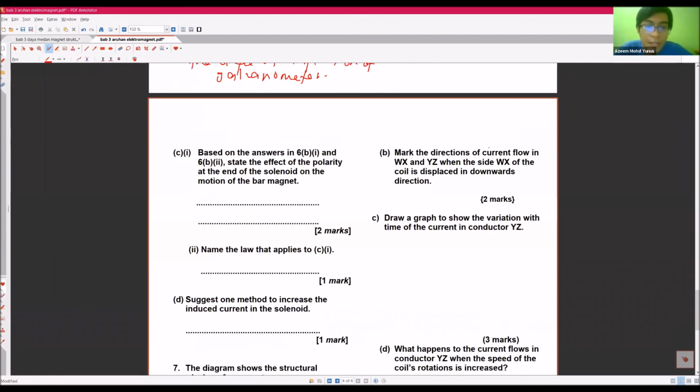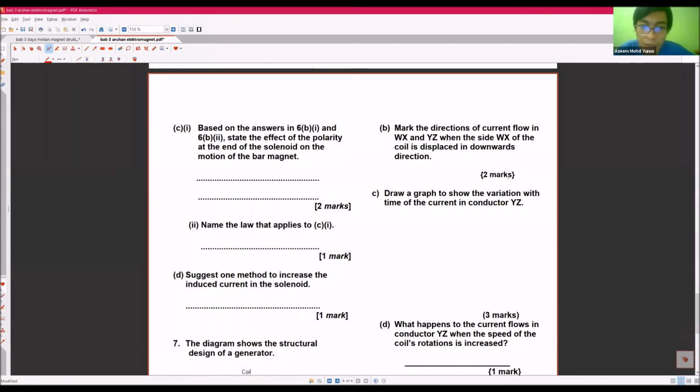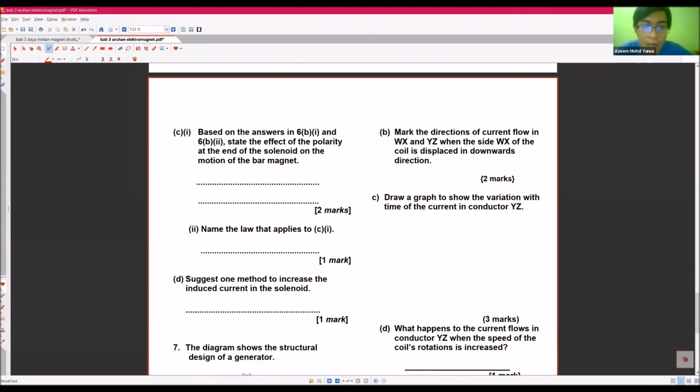Based on the answers in 6b1 and 6b2, state the effect of the polarity at the end of the solenoid on the motion of the bar magnet.